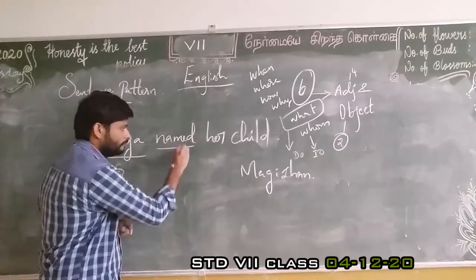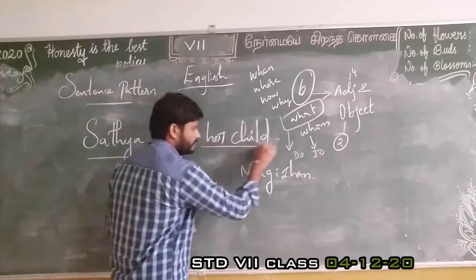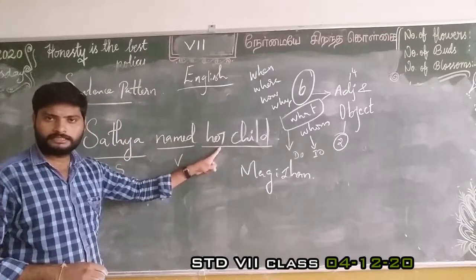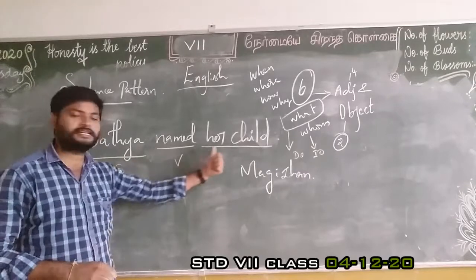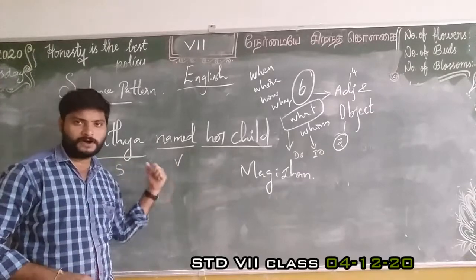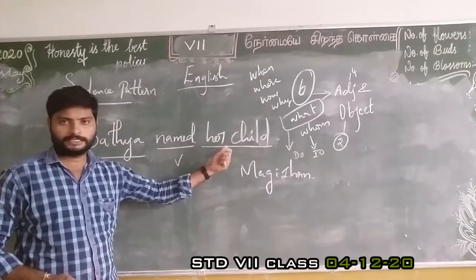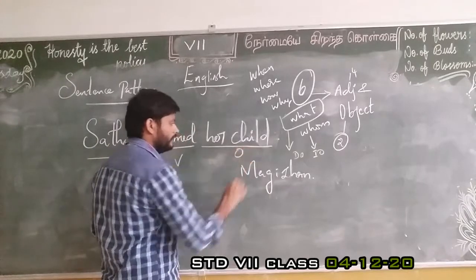So it is a verb, and next to that, her child. Her child is an object because Satya named her child. The action passes through the verb to the object, the receiver of the action. So it is an object.